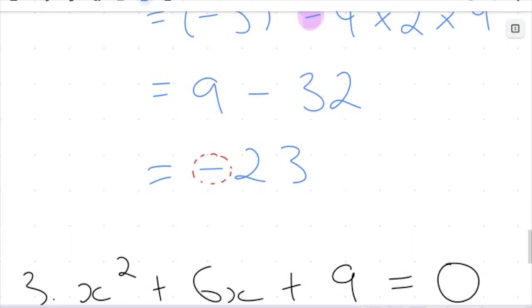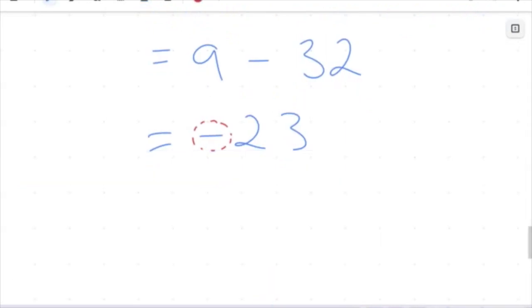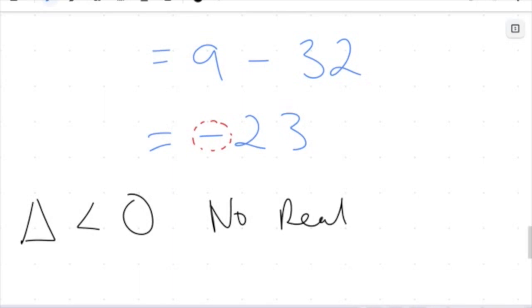So we can say then that my discriminant is less than 0 because of this minus in front of it, which means a negative number inside a square root, which gives me no real solutions. So we can write here no real solutions.